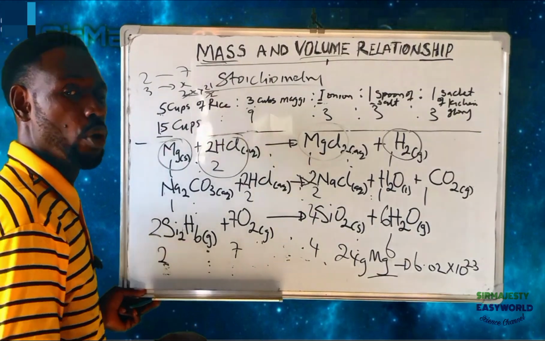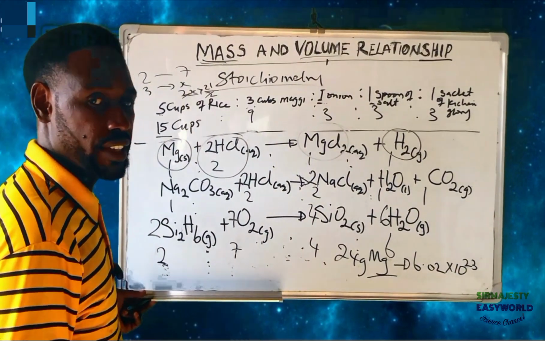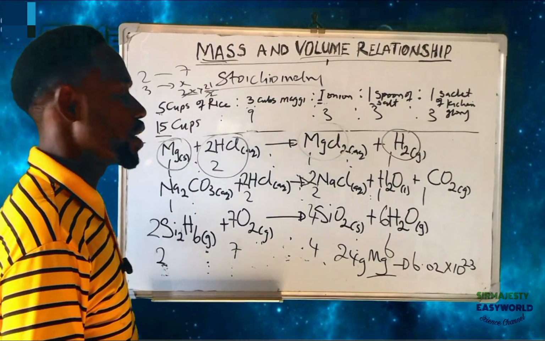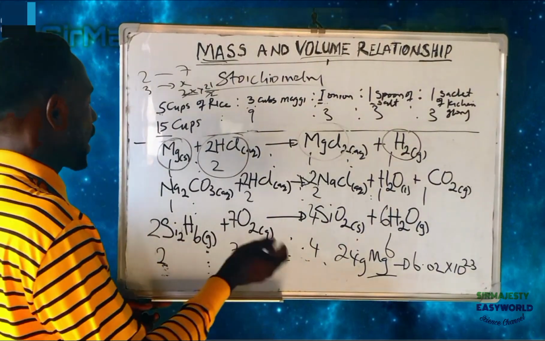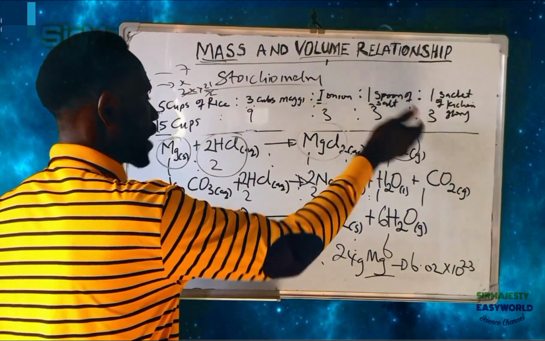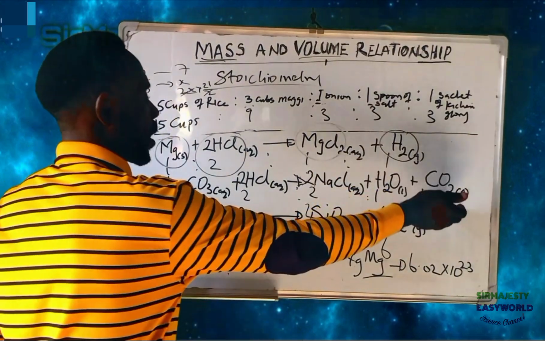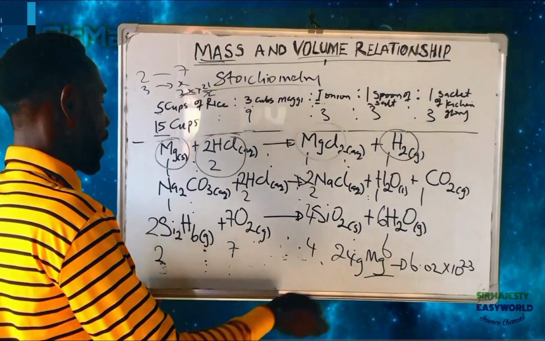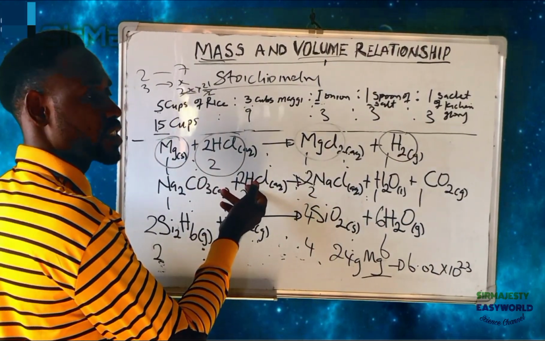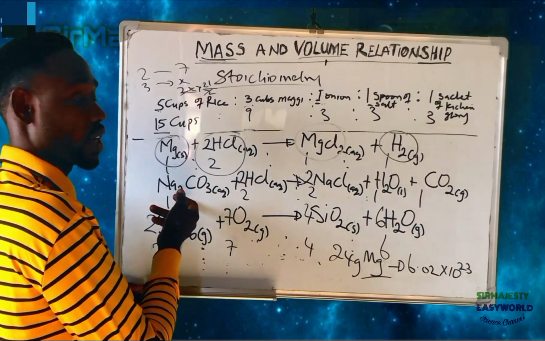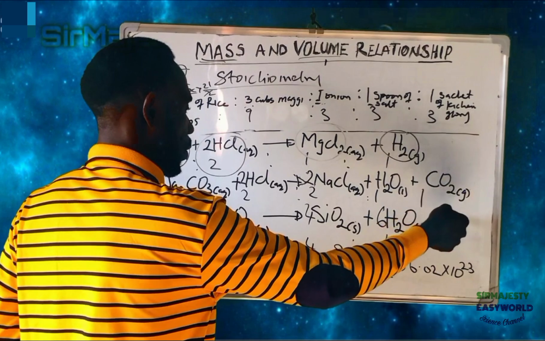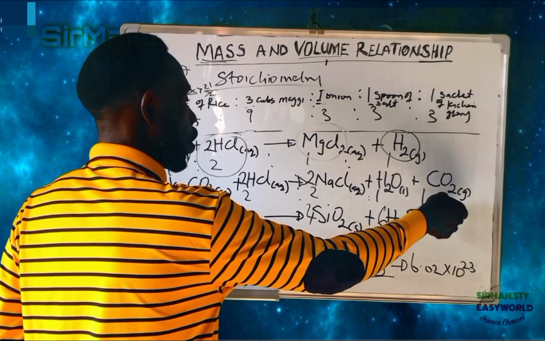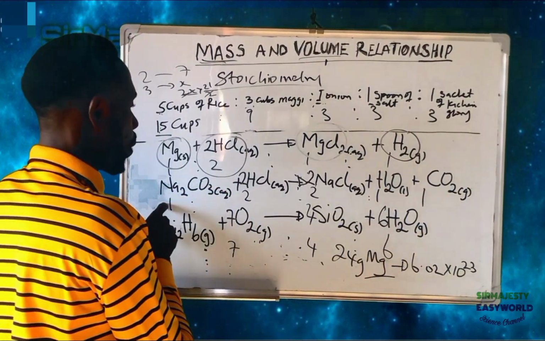So we use the mole concept to infer the relationship or to determine the particles. Or I might ask you about volume: what volume of hydrogen gas or carbon dioxide is produced when 0.2 moles of HCl reacts completely with sodium carbonate at STP? It becomes difficult to determine this volume unless I use the mole ratio 1 is to 1.